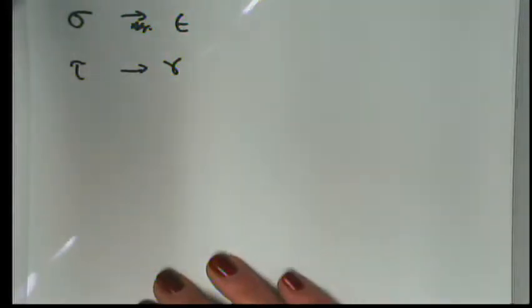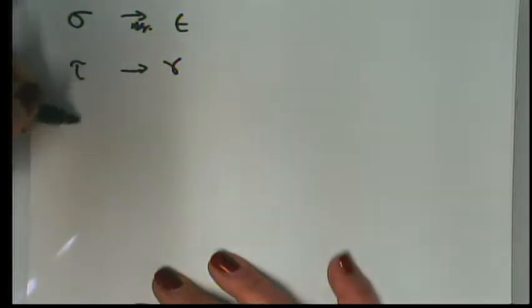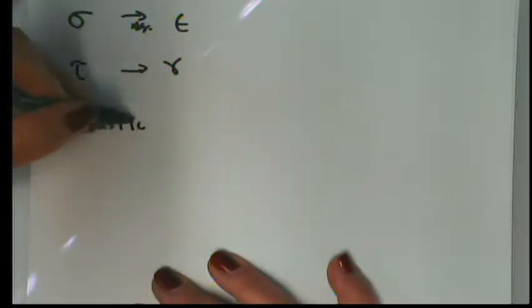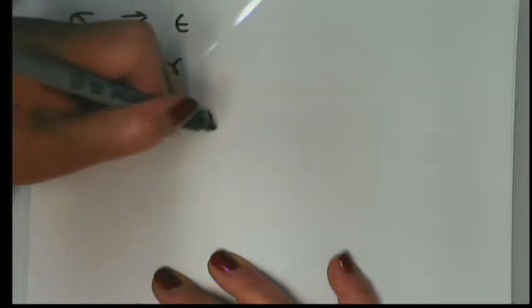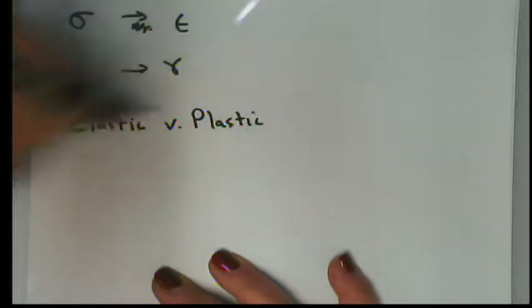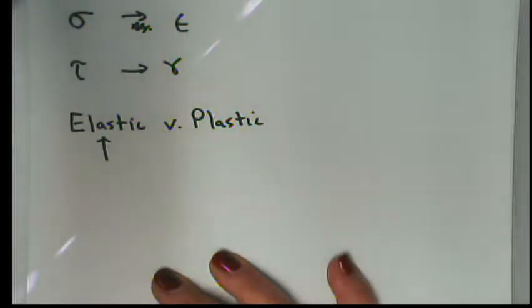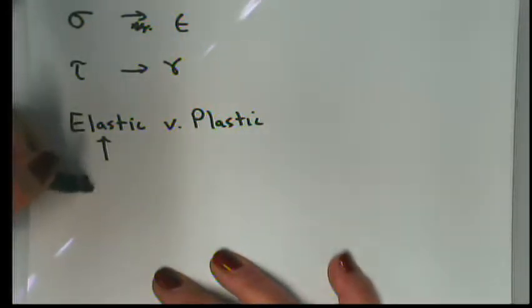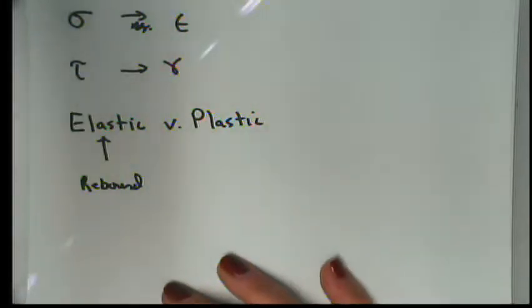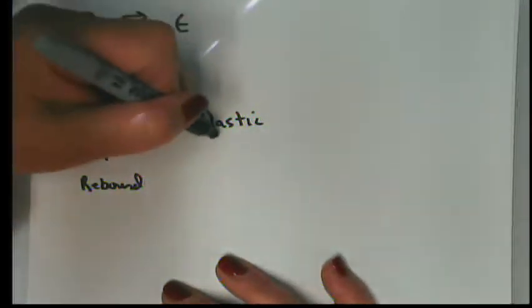Another very fundamental definition or division for our discussion is the idea of elastic behavior versus plastic behavior. Elastic is like an elastic band or a rubber band, where we rebound back to an original condition when the stress is removed.